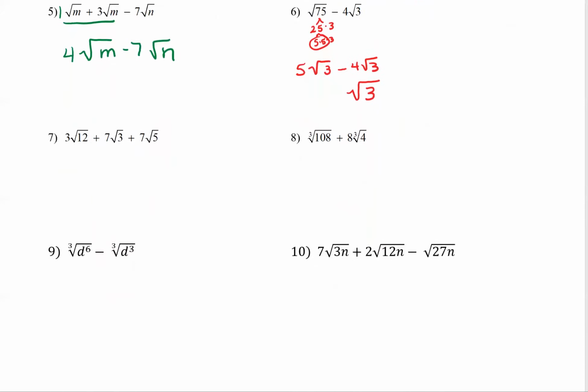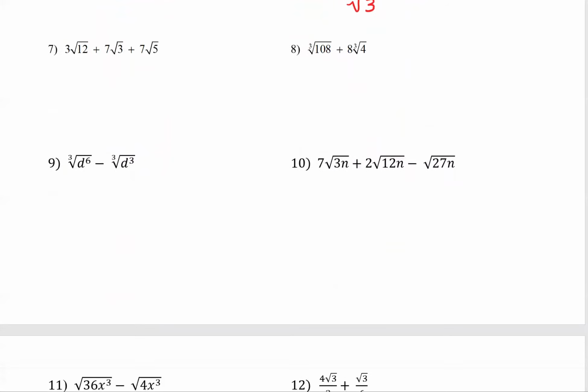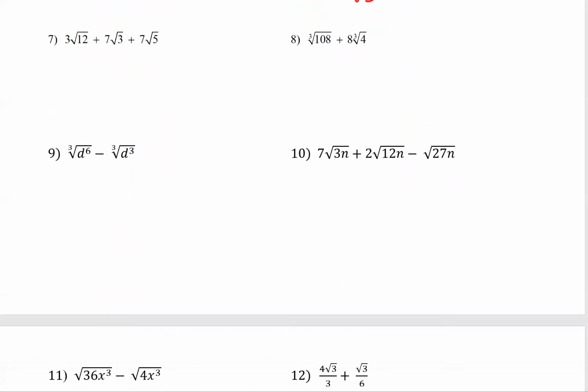Number 7. The square root of 12 needs to be simplified. So we need to take 2 times the 3 that's already out in front. So that's going to be 6.